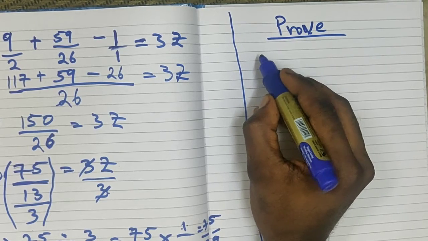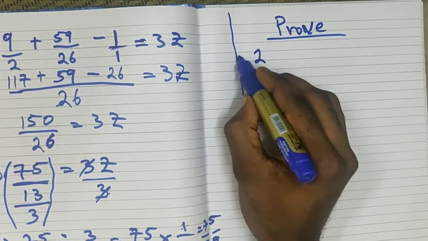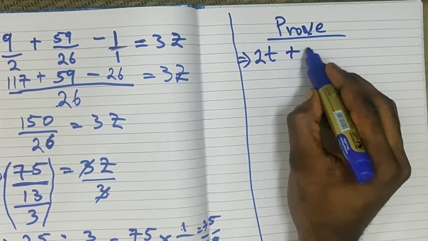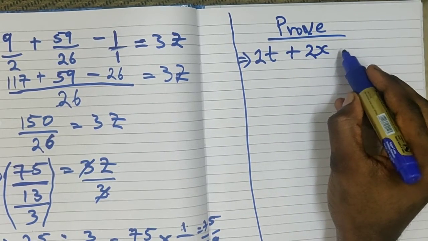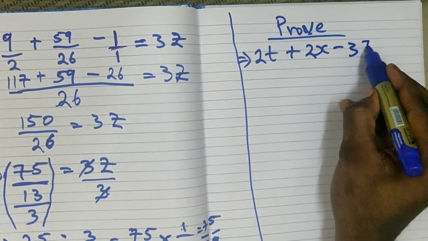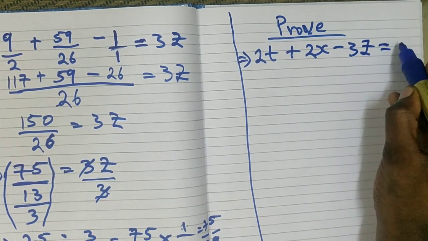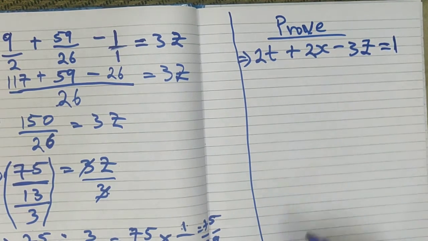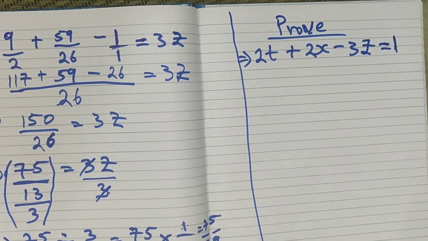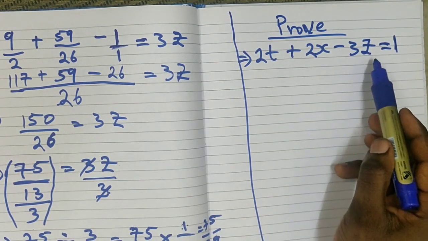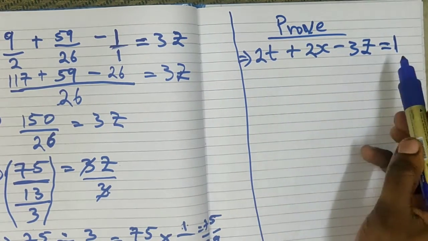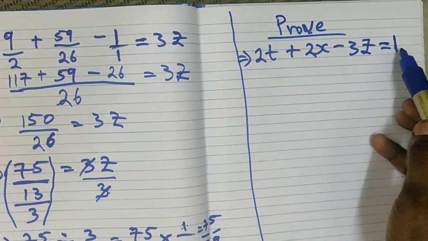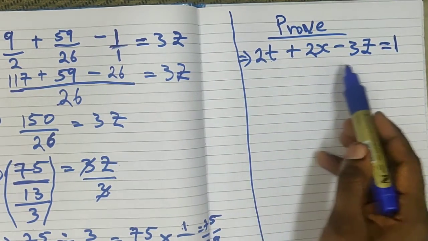So our equation is 2t plus 2x minus 2z is equal to 1. So since we have our t, x and z, we are going to substitute here, which means the left hand side is going to give us 1. If you substitute t, x and z, it is going to give us 1. So we are proving for this side.